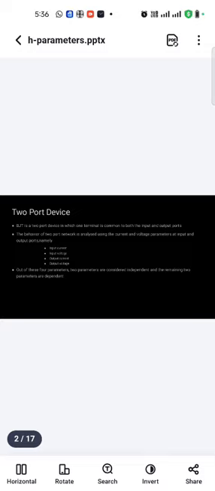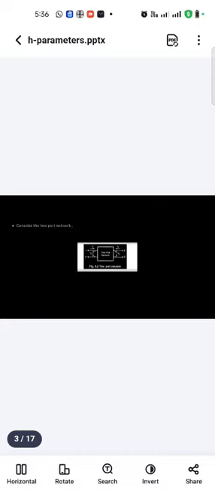Here we choose the independent variables. V1 and V2 are the voltages present at the input and output port of the amplifier, and I1 and I2 are the currents present at the input and output of the amplifier. This is the basic model.